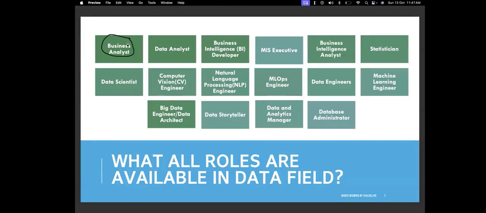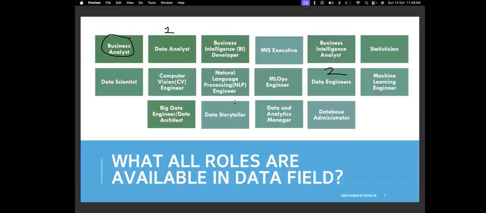If you are a business analyst, that is one role, you have to manage the processes and all. If you are a data analyst, let me write the data analyst as one. If you are a data analyst, you can play the role of data analyst. In addition to that, you can also play the role of data engineer. These are just the designation change. In some organizations, it is data analyst, in some organizations, it is data engineer.